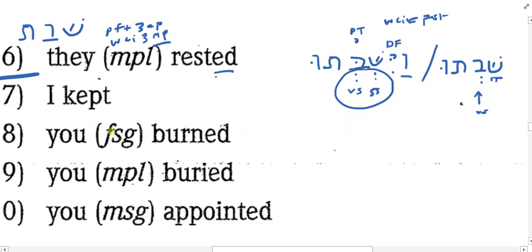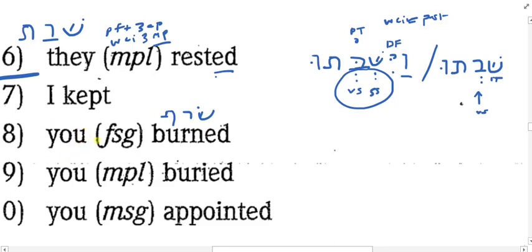So number 8. The first thing we need to do is know which verb root we're looking at when we have the verb to burn. So which verb is this? Yeah, saraf. Okay, so sin, resh, pe.